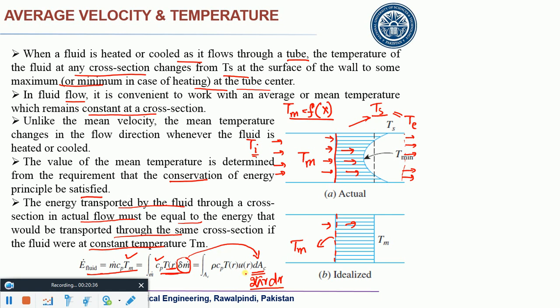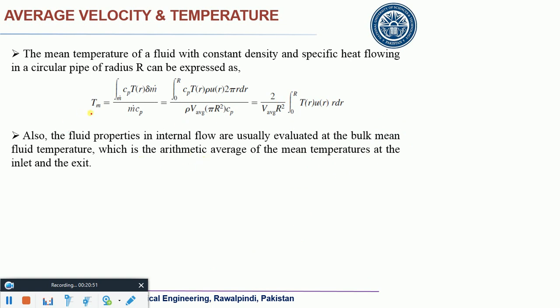Okay. So this del m dot can also be written as rho u dA c. This is basically del m dot, right? So this T(r) is coming from this and this Cp remains the same. Now what you can write is this.